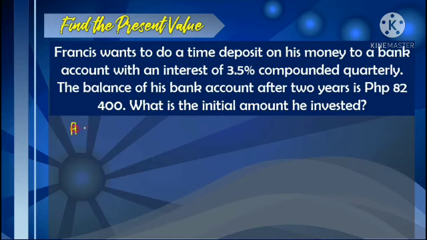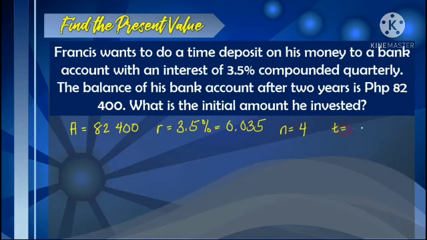So we have given a maturity value of 82,400 pesos. And we have also given the rate of 3.5%, which is 0.035 in decimal. And we have the compounding period, which is equal to 4 because it is compounded quarterly. And we have also given the time, which is in 2 years.